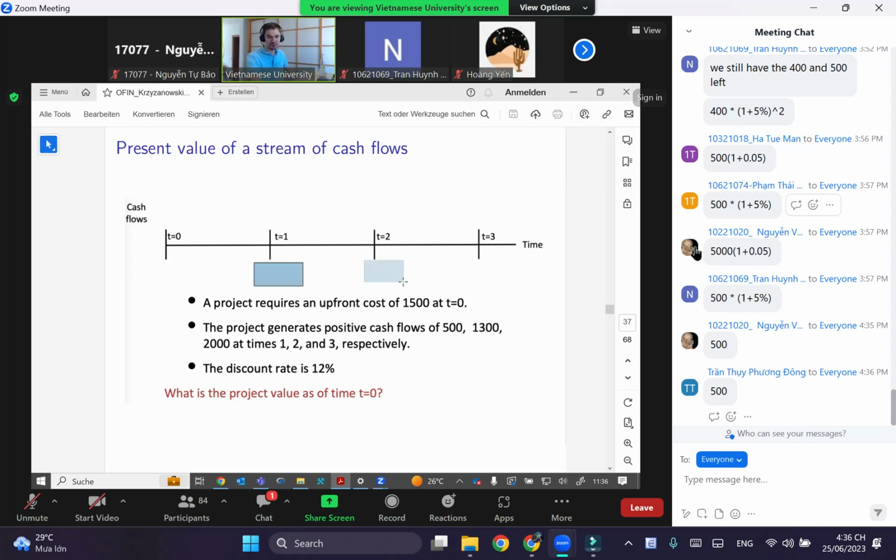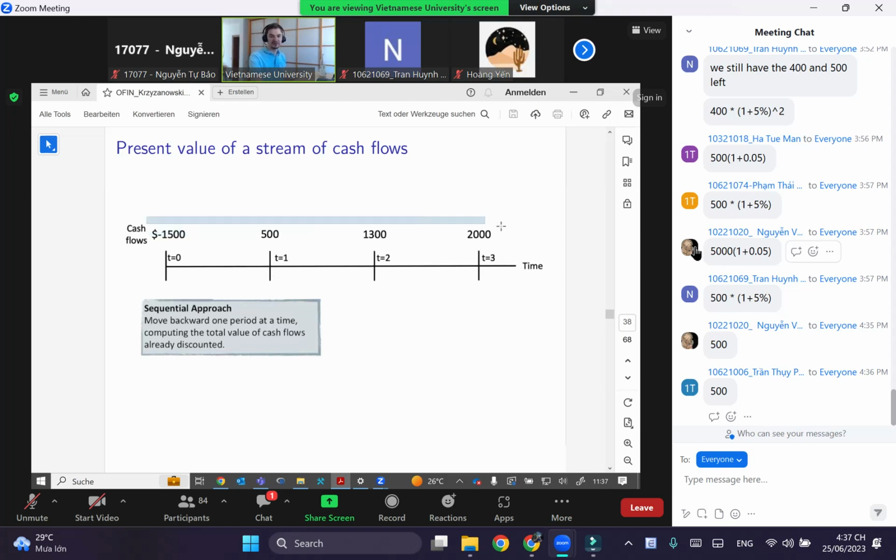In period T2, we would obtain 1,300. And in period T3, we would obtain 2,000. So if we take a look at the cash flows on the timeline, that's exactly what we see here: initially minus 1,500 in T0, then 500 in T1, 1,300 in T2, and 2,000 in T3.